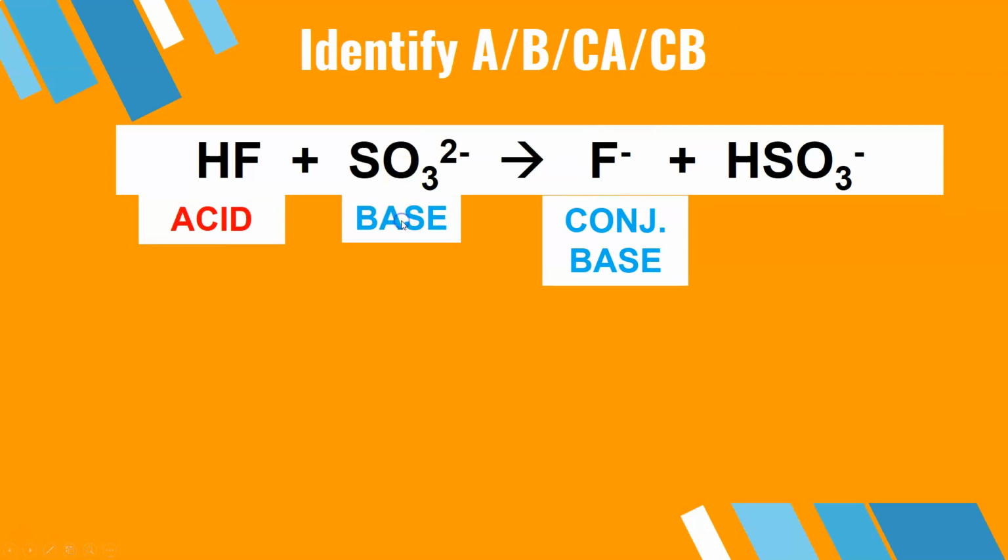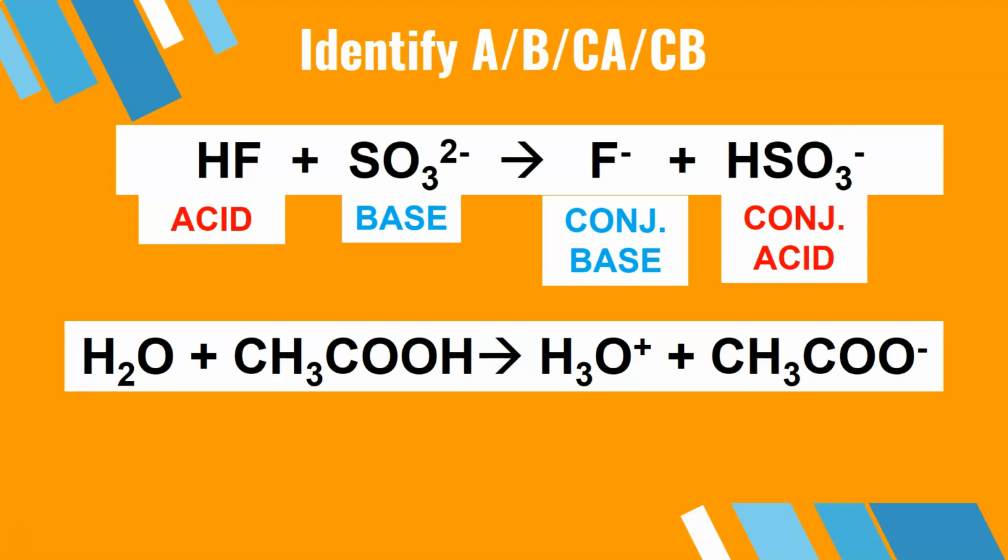This is my base. If this were to gain a hydrogen, it turns into this acid that I see over here. This is the conjugate. All right, try one more.